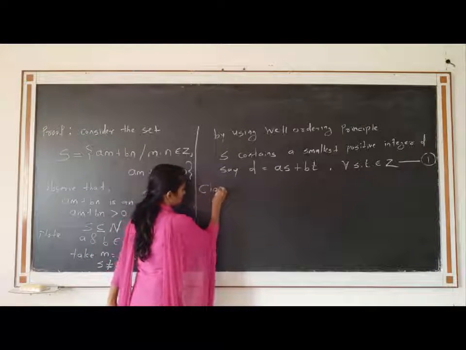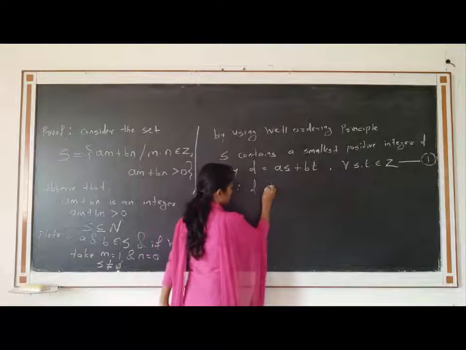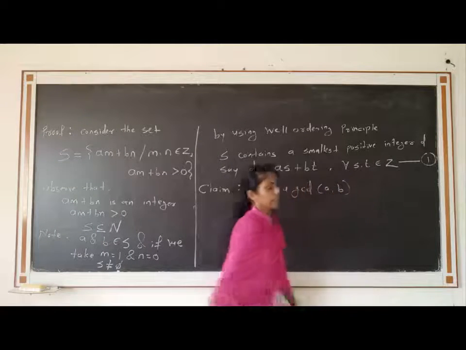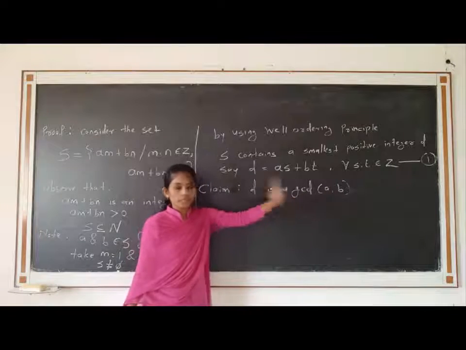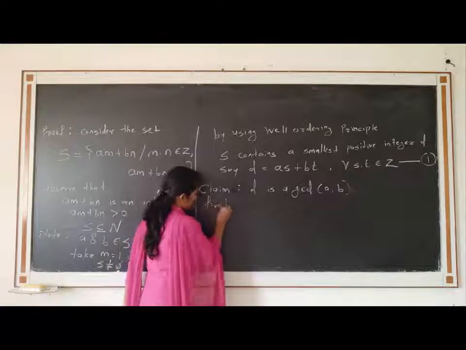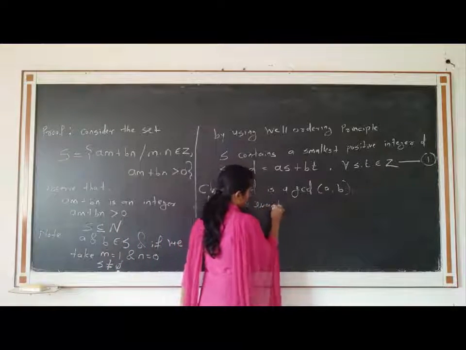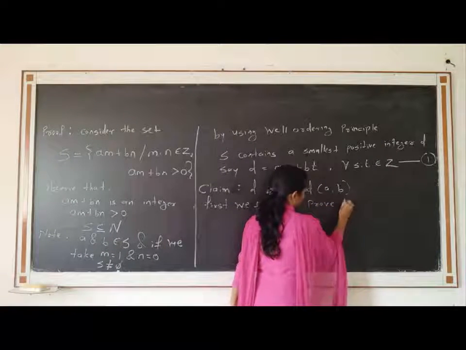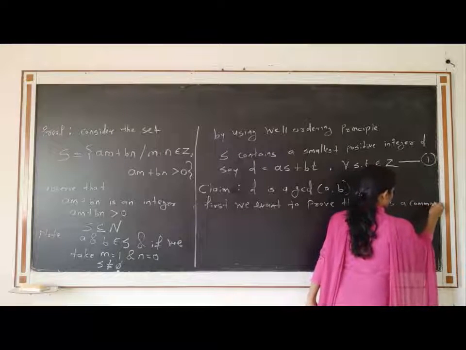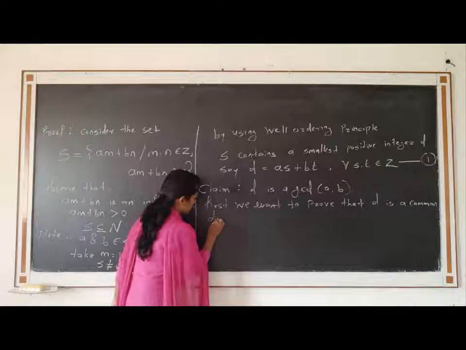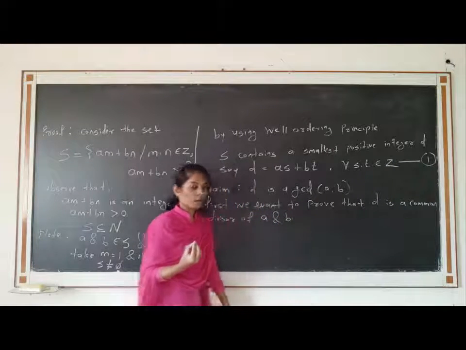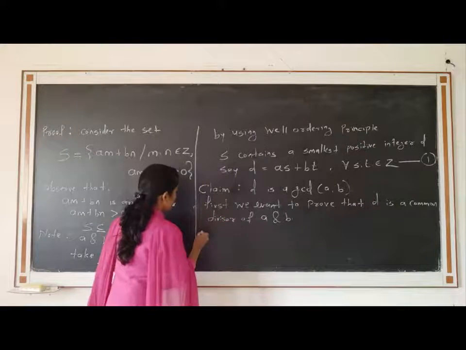Now claim: D is a GCD of integers A and B. That is, first we want to prove that D is a common divisor of A and B.